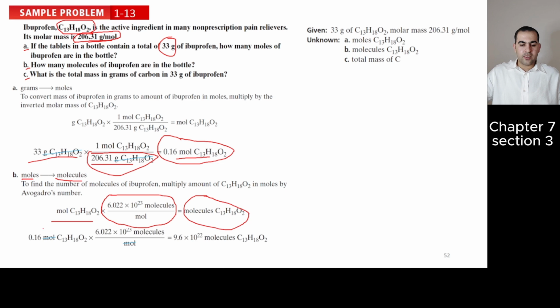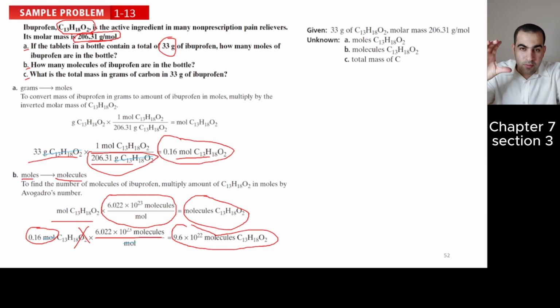So 0.16 mole times Avogadro's number, you get 9.6 times 10 to the power 22 of ibuprofen. So in the bottle, we have 9.6 times 10 to the power 23 molecules of ibuprofen. Okay, so that's easy.